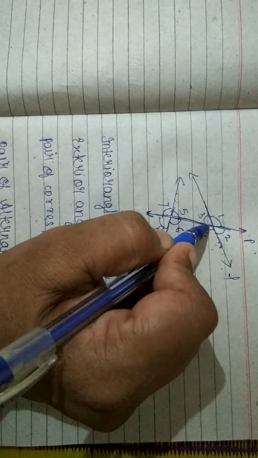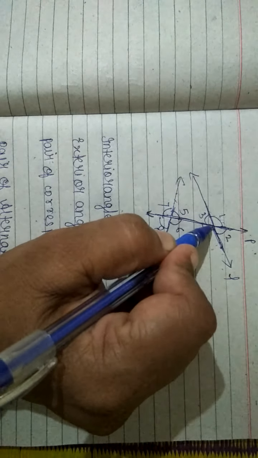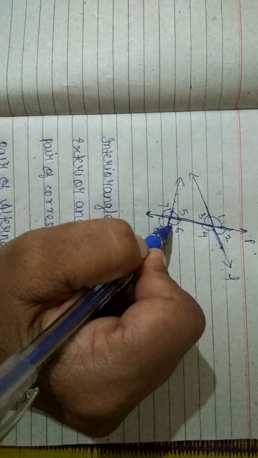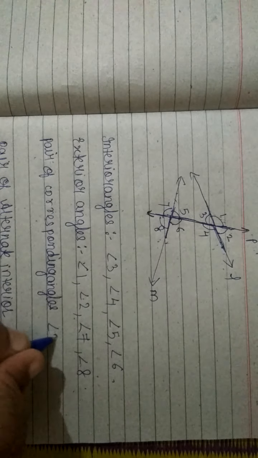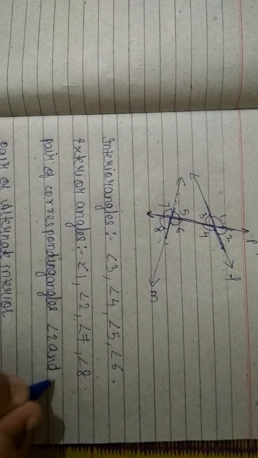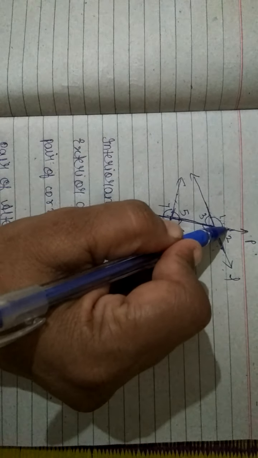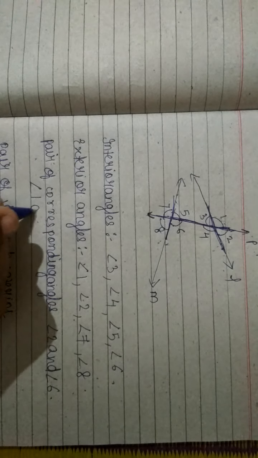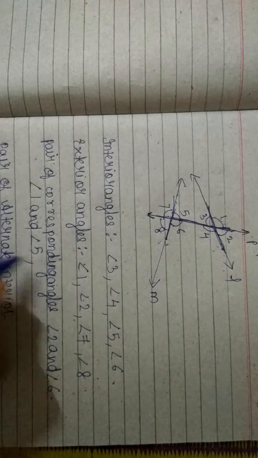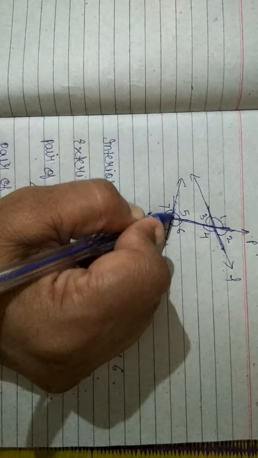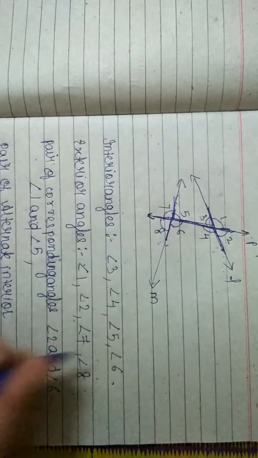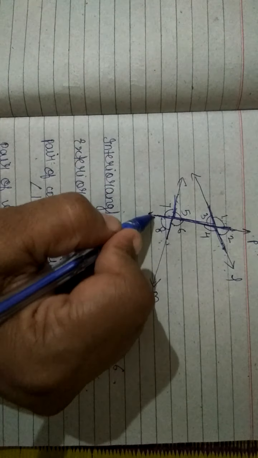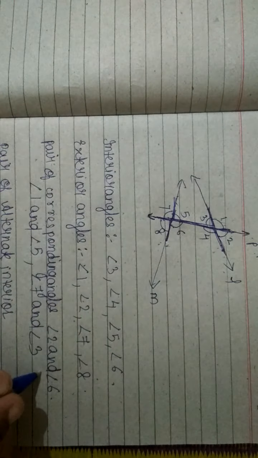See, corresponding angles are those angles: here 2 and 6, then 1 and 5. Now from the downside, angle 7 and angle 3. And from this side, angle 8 and angle 4.